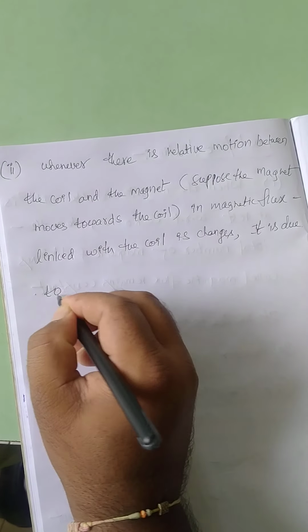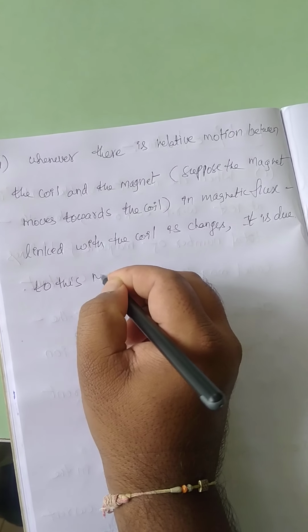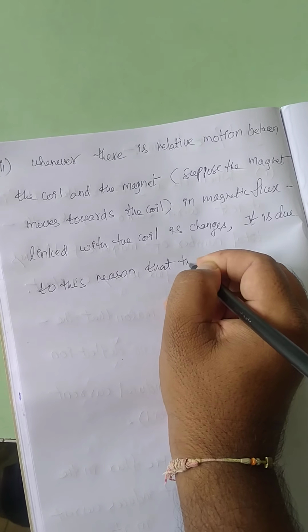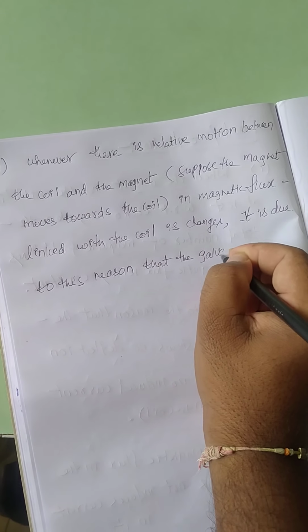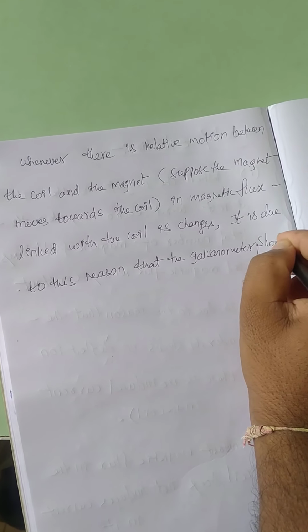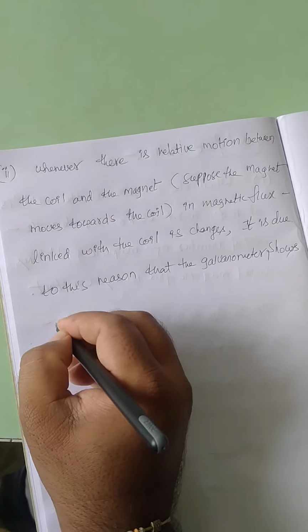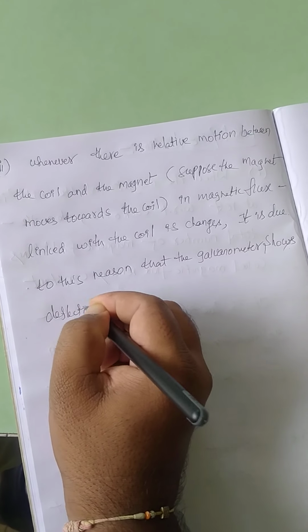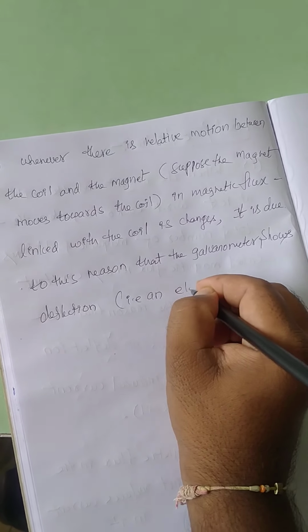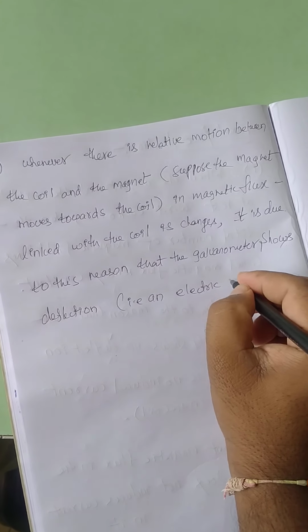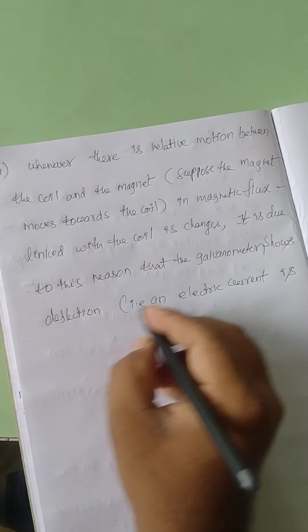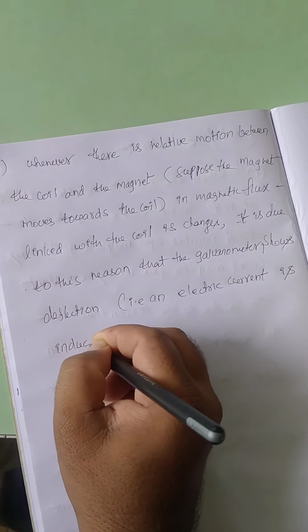Due to this, the galvanometer shows deflection, that is, an electric current is induced in the coil.